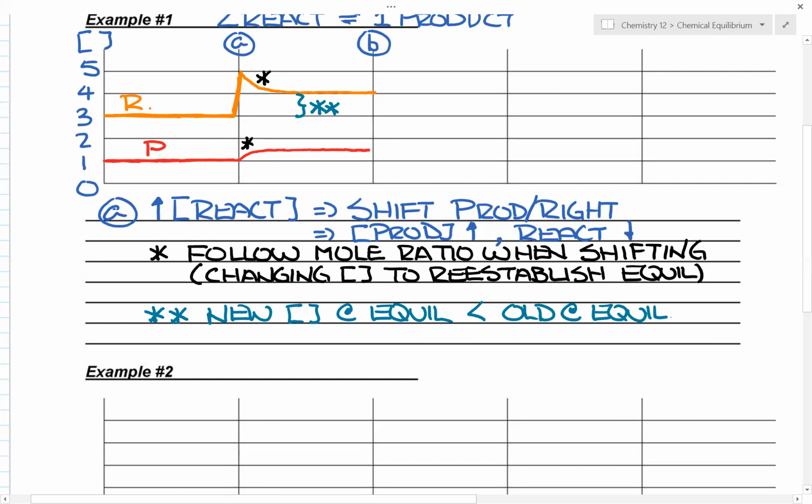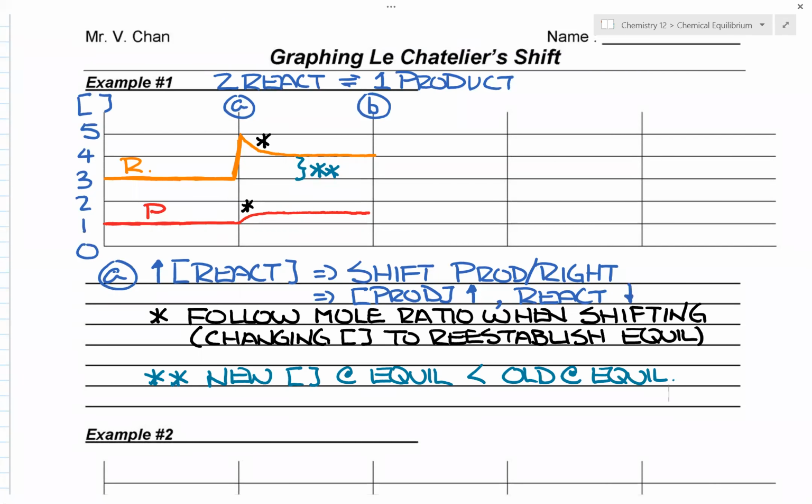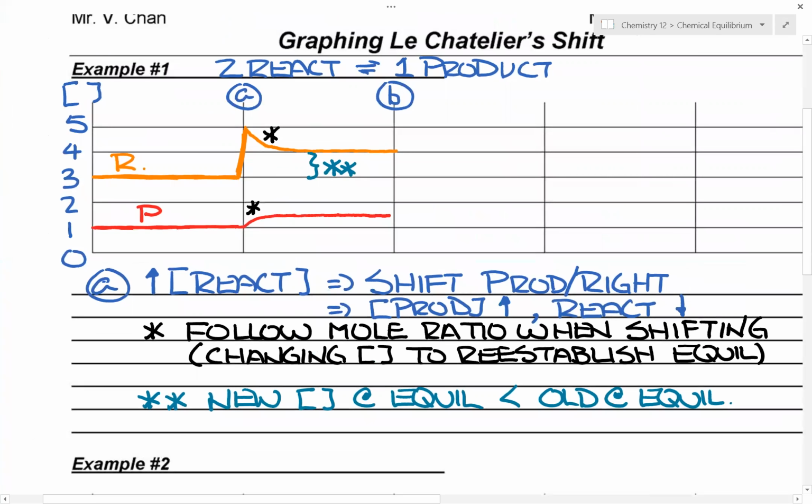The reason being is this. Even though you're shifting and making more products, remember, not all of the new concentration is used up. Some of it will be left over. So something for you to be aware of.